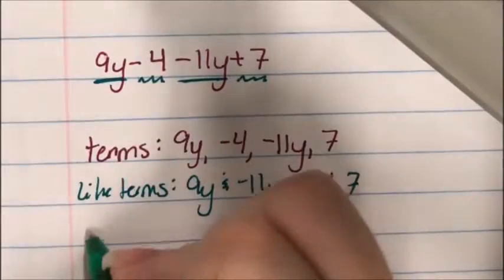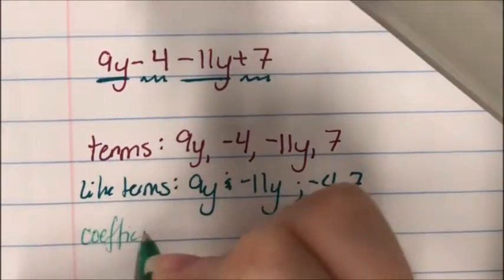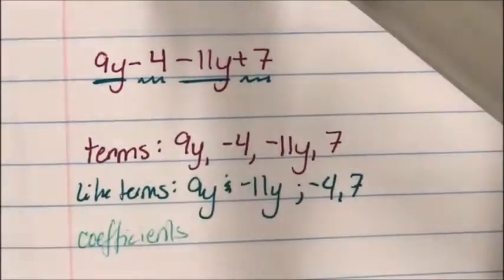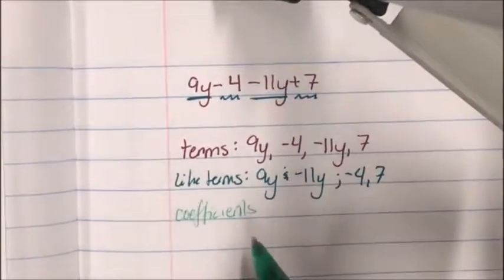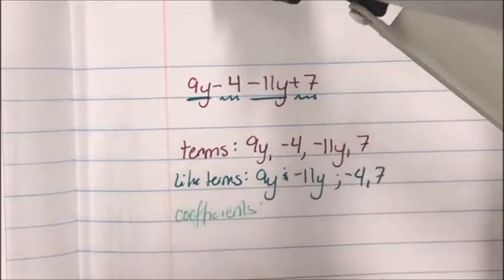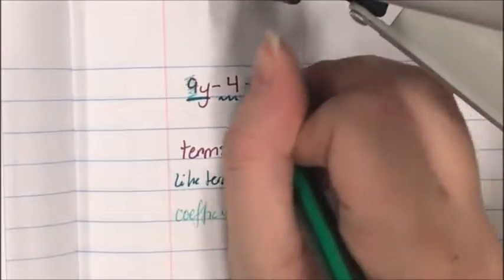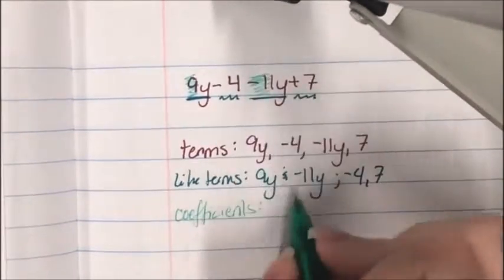My coefficients are my numbers out in front of my variables. So 9 is a coefficient, and negative 11 is a coefficient.